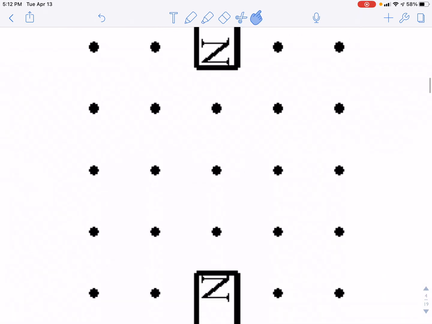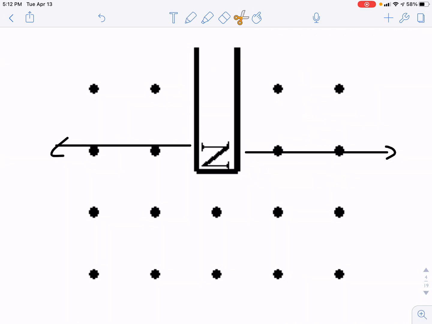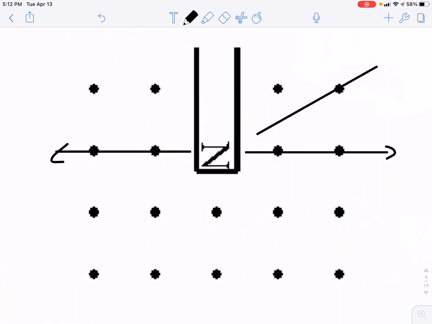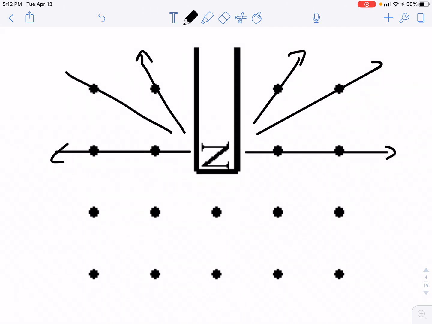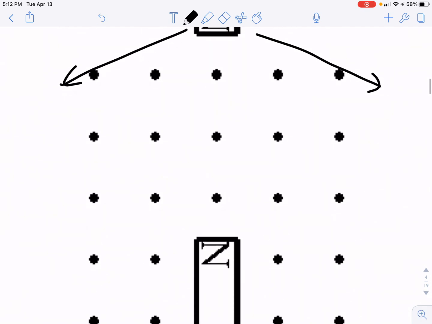In the next activity, we're going to look at two North Poles that would repel each other. So let's begin with a couple of field lines that are going out in both directions, and outward away, pointing in all different directions away from that North Pole. And very similar on this side.